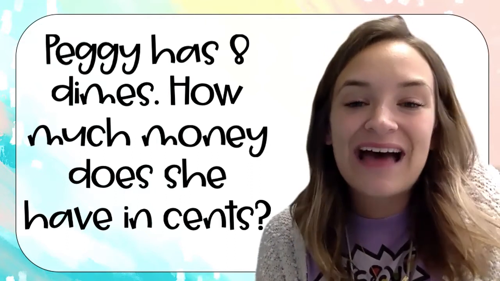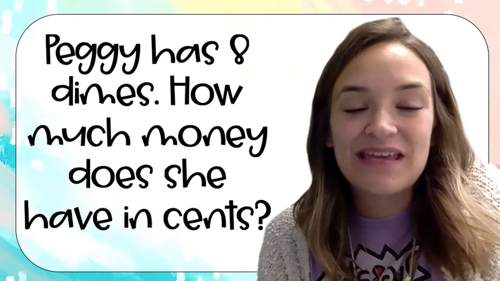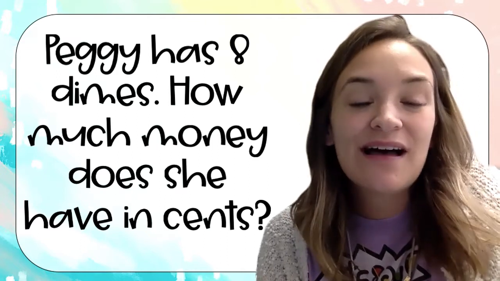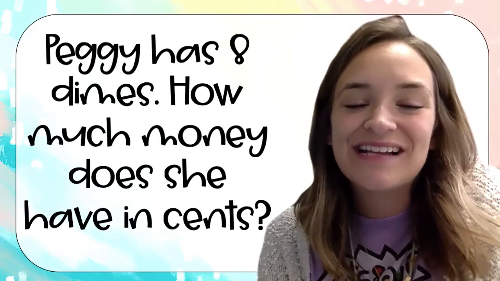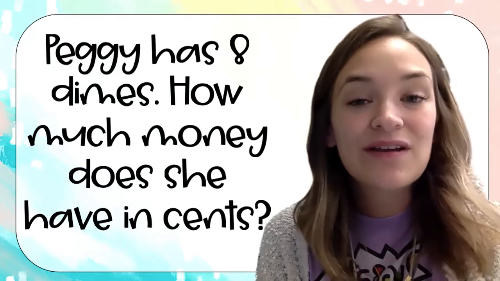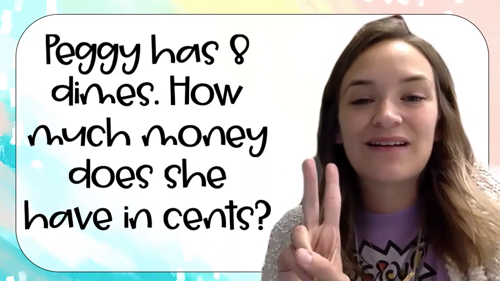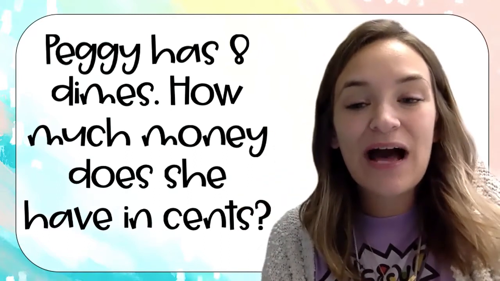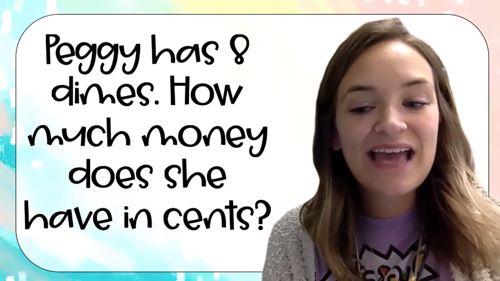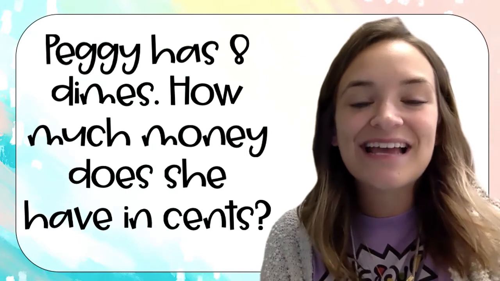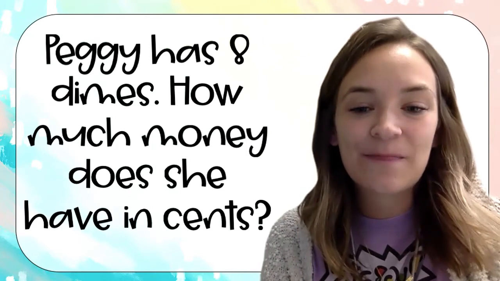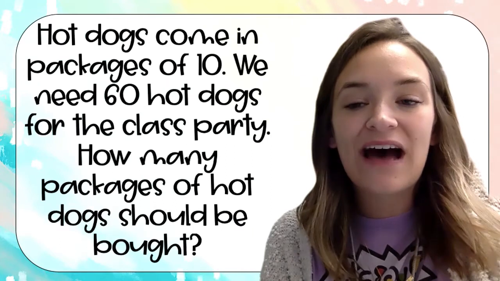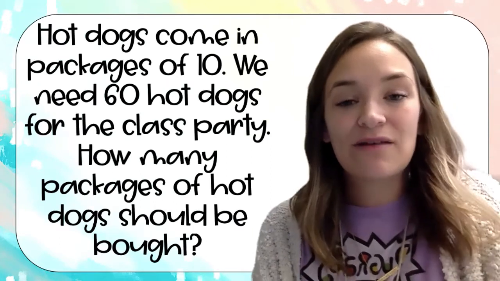And then we need to add on our 0 to make it be the same value. So the answer is not 8. The answer is 80. We could also count by tens, 10, 20, 30, 40, 50, 60, 70, 80. So how much money does Peggy have? Peggy has 80 cents.